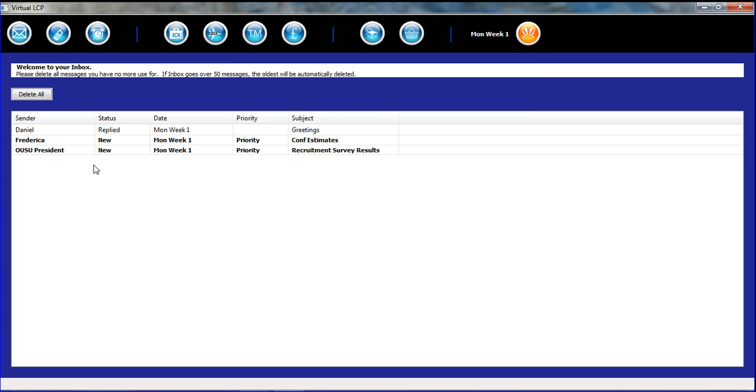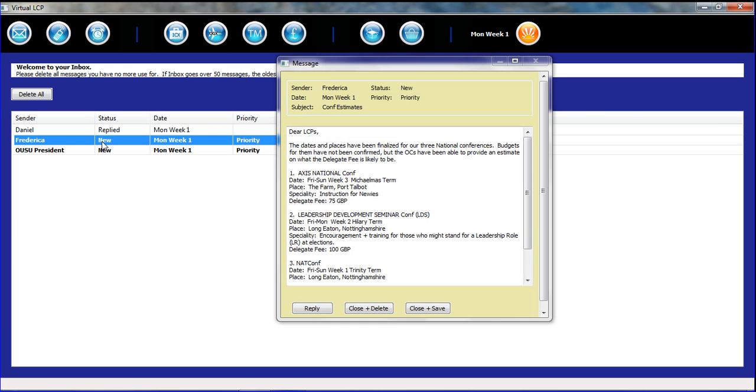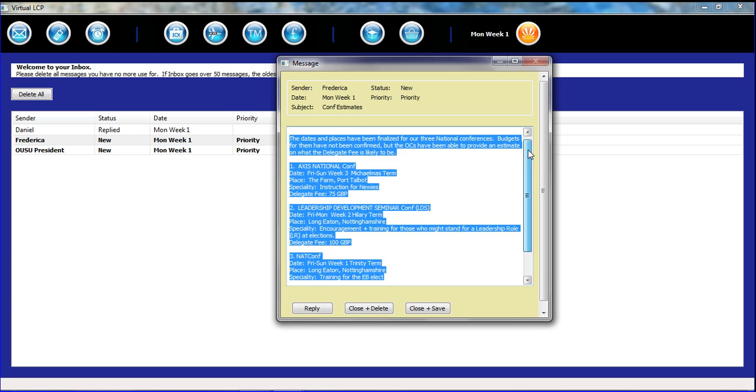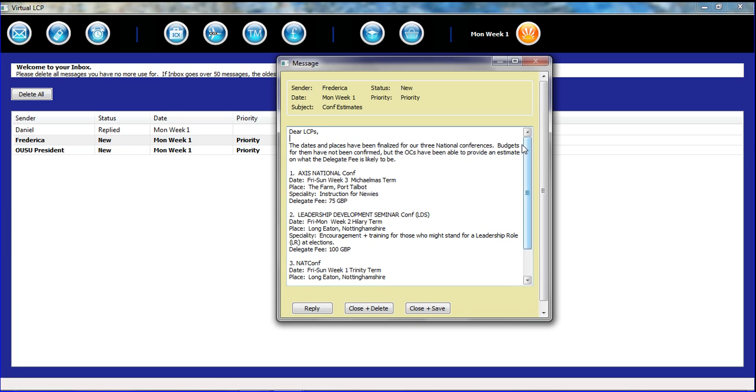Frederica is the member committee talent management vice president, and she's emailing us to tell us about the national conferences. This is important because we're going to have to pay a lot to send new members, or any members, to a conference, but we have limited funds, so we need to know how we should be saving our money.